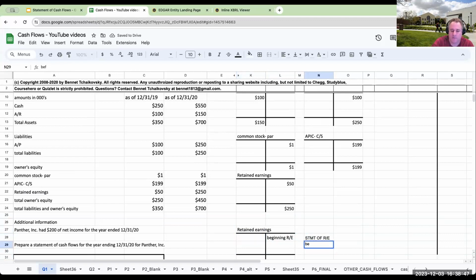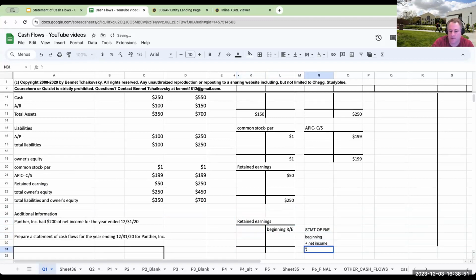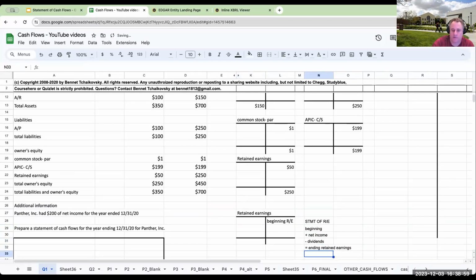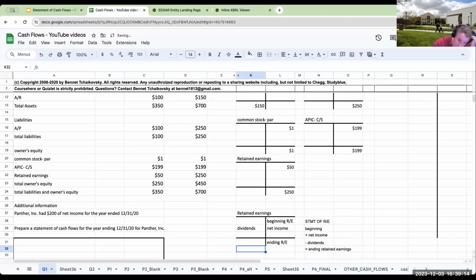So my beginning plus my net income minus any dividends is going to give me my ending retained earnings. So if we translated what we do on the statement of retained earnings into a T account, beginning retained earnings, net income, reduced it by dividends, and this is going to give us our ending retained earnings.